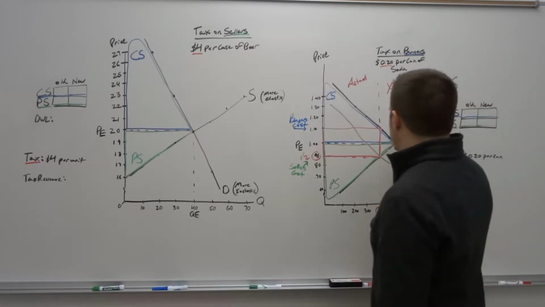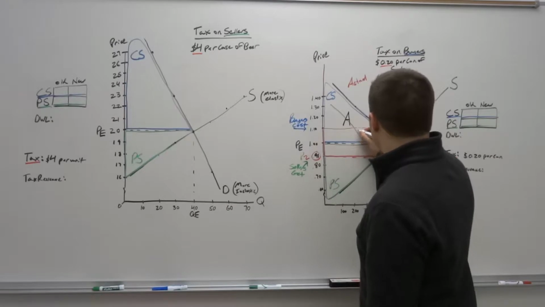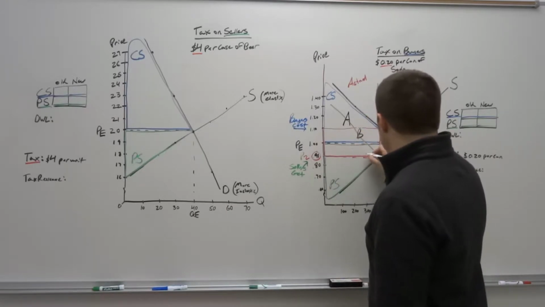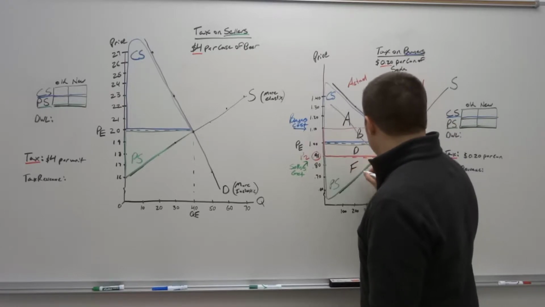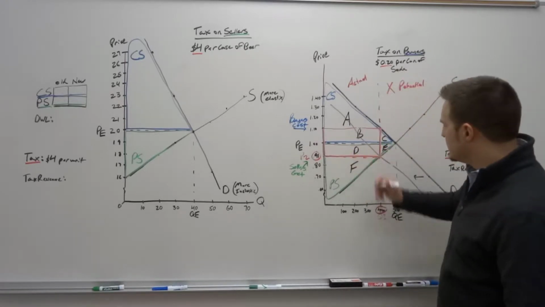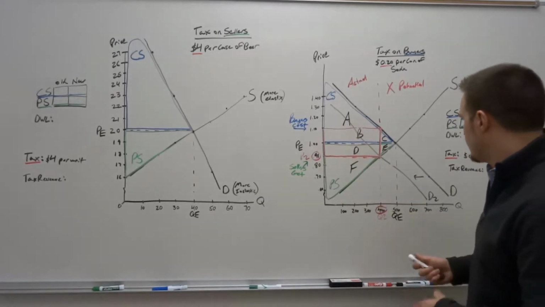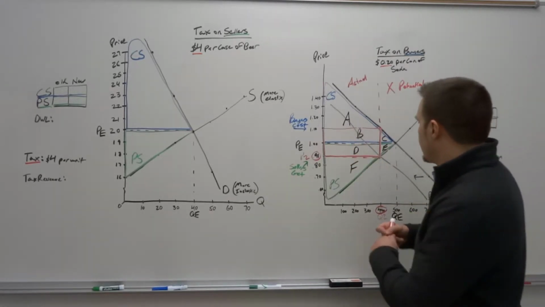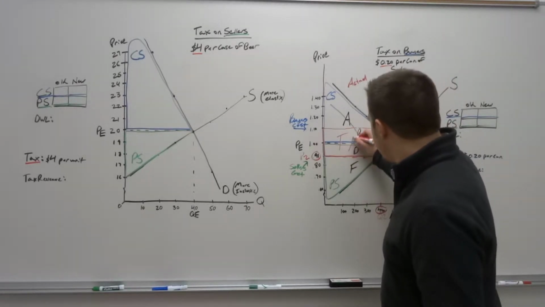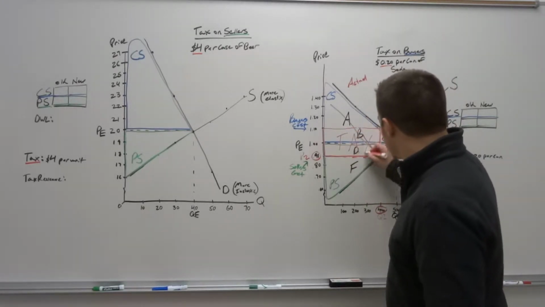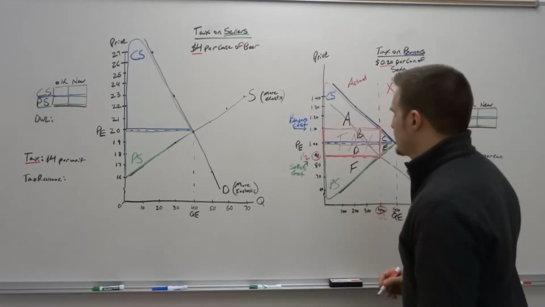So this area here is going to become deadweight loss. And what I'm going to do is I'm actually just going to use letters here. Area A, area B, C, D, E, and F. Okay, this is all part of D. What we find here, a couple of things real quick, is this whole area, B and D, becomes the area of the tax. So this box here becomes the tax revenue.